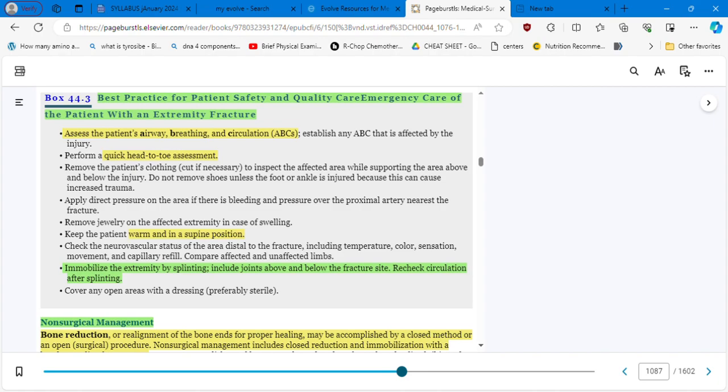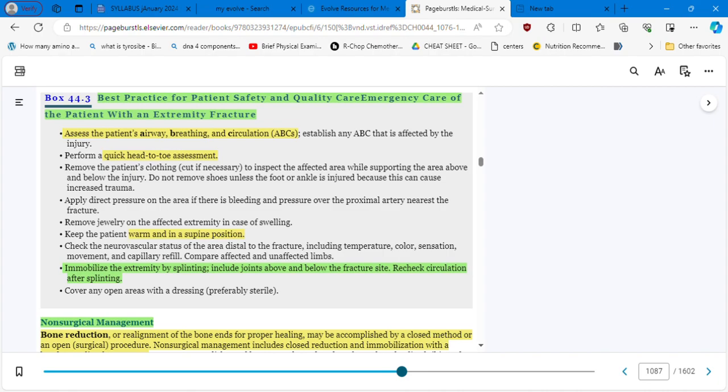So we're going to assess the patient's ABCs, right? Very quick head-to-toe assessment. We are going to remove the patient's clothes if necessary to inspect the area, apply direct pressure on the area if there is bleeding, and pressure over the proximal artery nearest to the fracture.